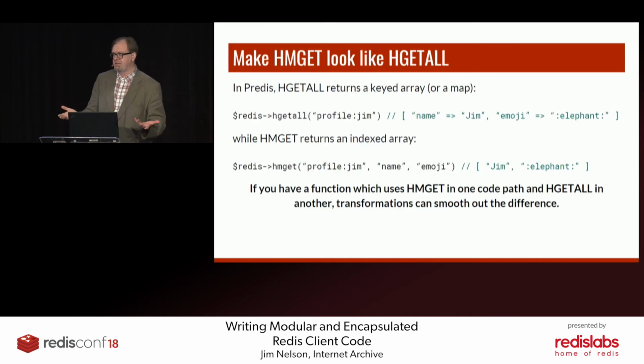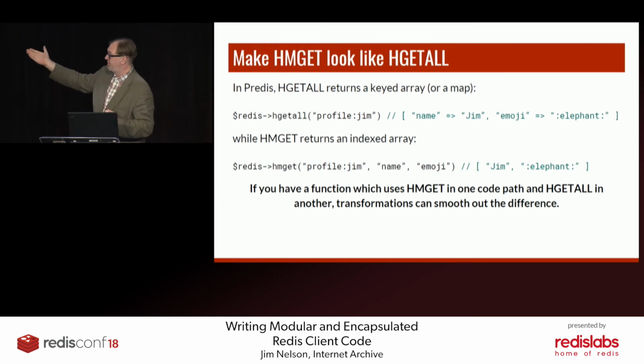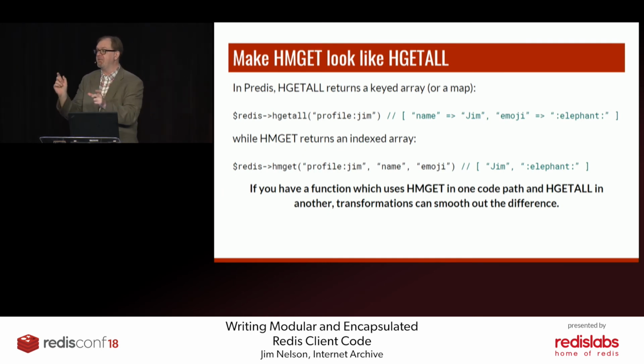Here's another trick. This is something I've found myself having to use more than once. In Redis, HGETALL returns a keyed array, or a map, which is to say if you do an HGETALL of this particular profile, you get back a mapping of name to value, name to value, name to value. But if you use a multi-get, where you name the fields you want, you get back an indexed array.